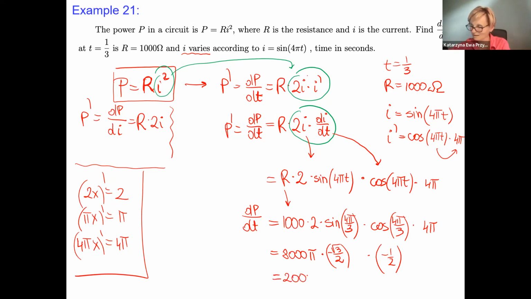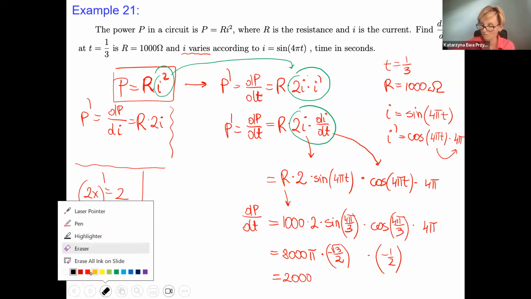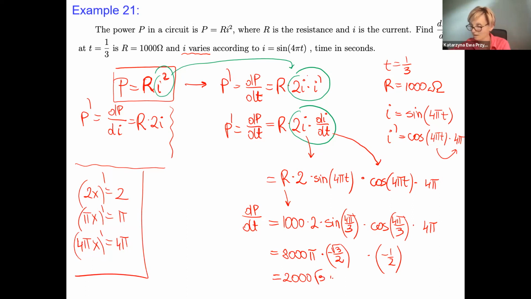I can cancel out: negative and negative is positive, so 2,000 square root of 3 pi. Okay, this is the rate of change of the power with respect to time.